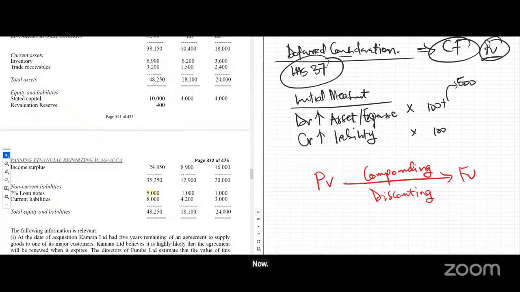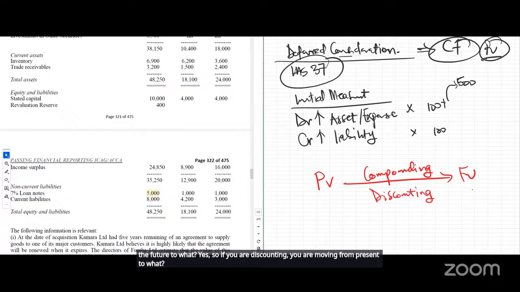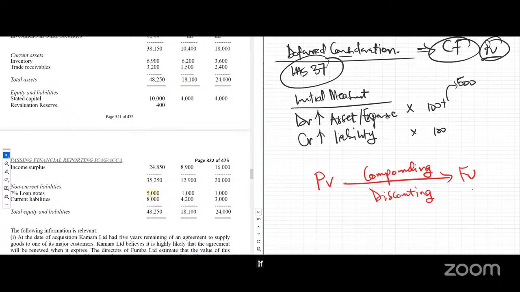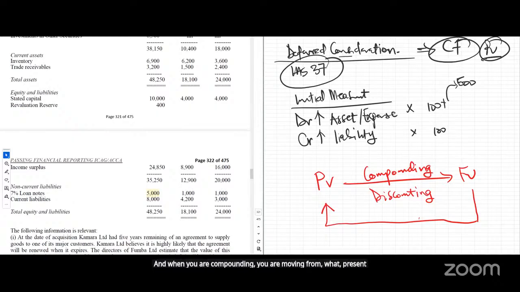If you are discounting, you are moving from future value to present value. When you are compounding, you are moving from present to future.